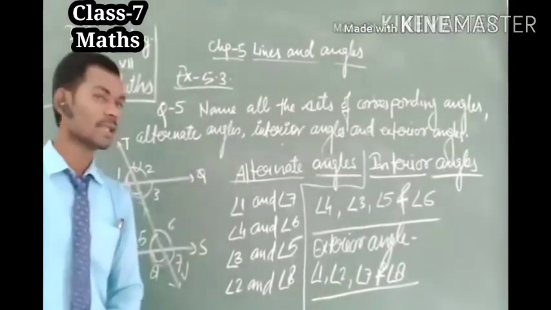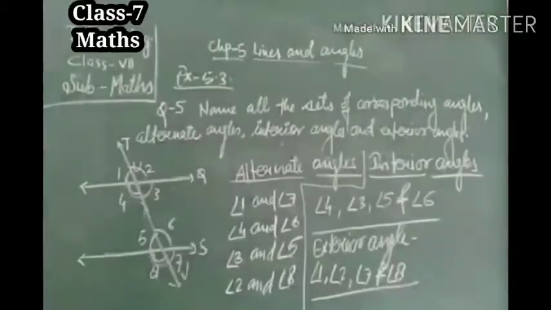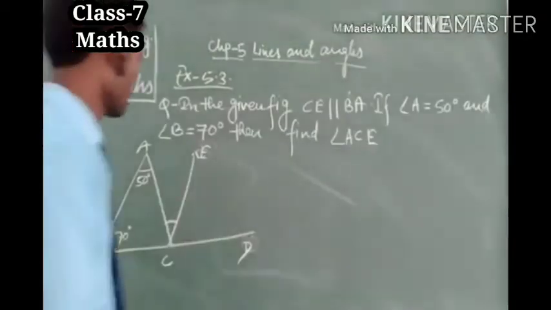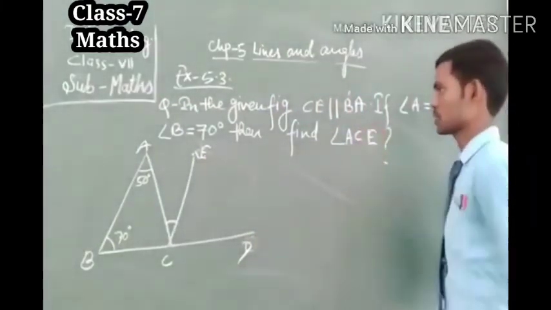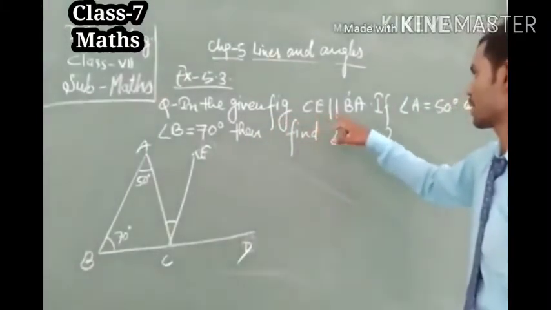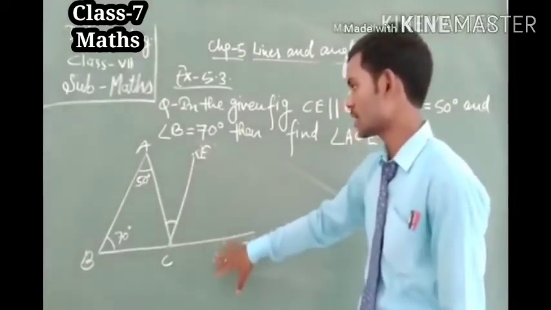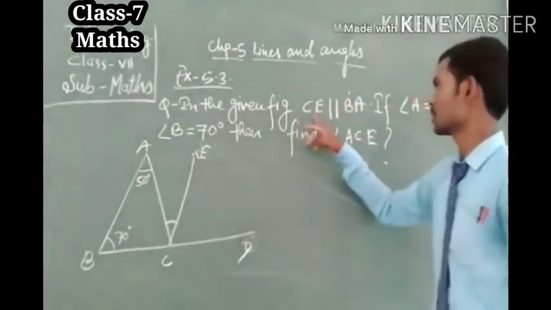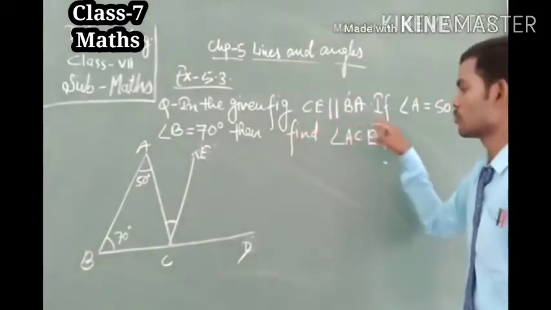So now let us see our next question. Okay students, the given question is, in the given figure CE is parallel to BA. This is the given figure, and the first condition is that the line segment CE is parallel to BA.